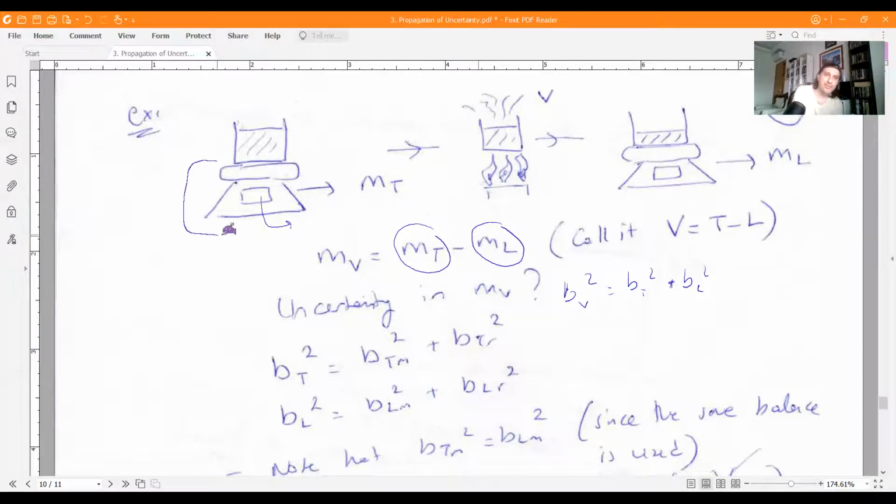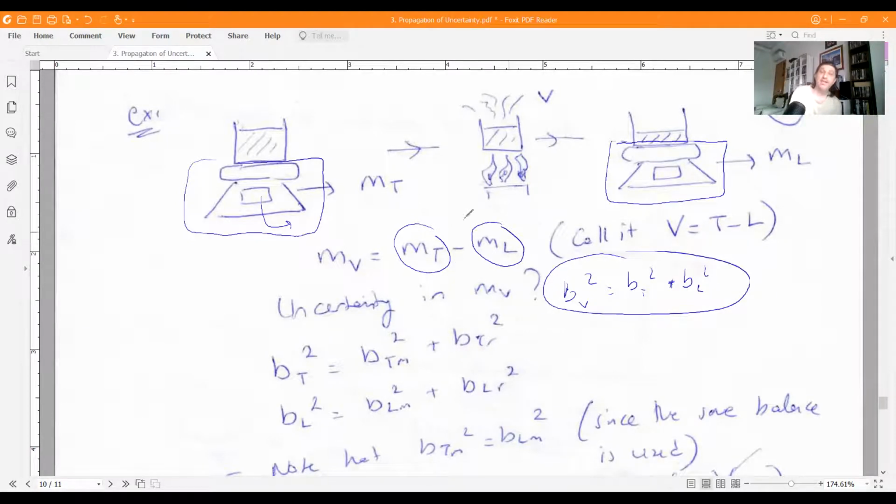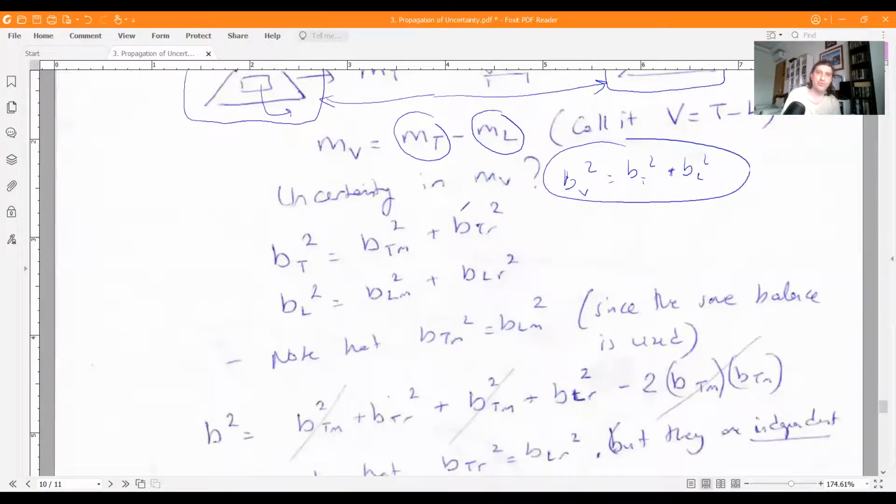If I am using two different lab balances from the same brand, that would be the case. If I'm using the same lab balance, on the other hand, whatever the manufacturing bias related with that balance is going to be the same here. So when you actually subtract those two, you can intuitively realize that those two bias terms will be canceled. So therefore, in much more formal terms, it's going to be like this.